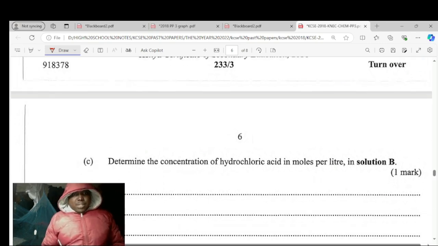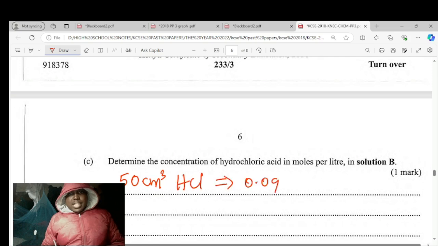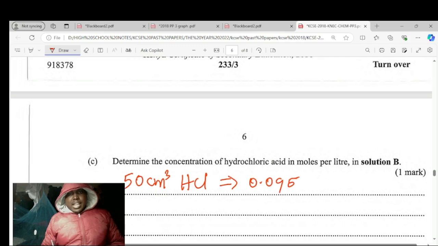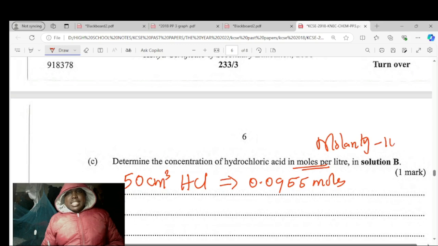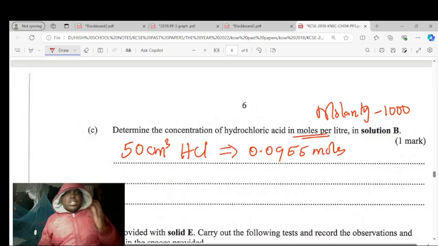So the 50 centimeters cube of HCl has 0.0955 moles. Concentration in moles per liter means molarity. Molarity is the number of moles in 1,000. Concentration in moles per liter is moles in 1 liter, and a liter is 1,000 centimeters cube.